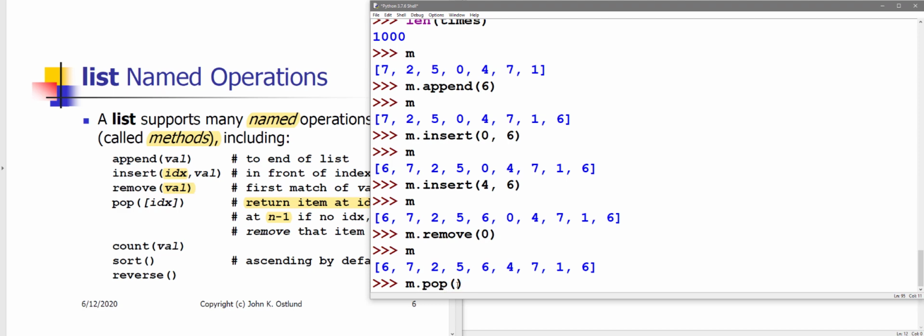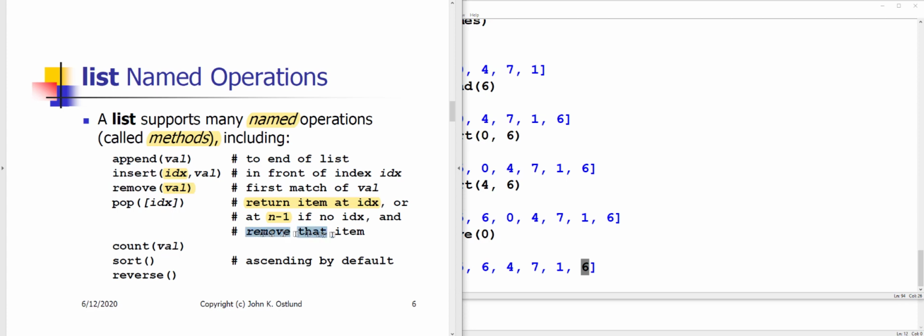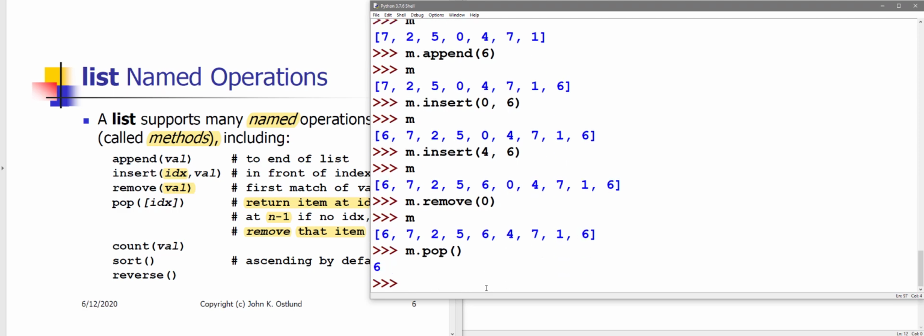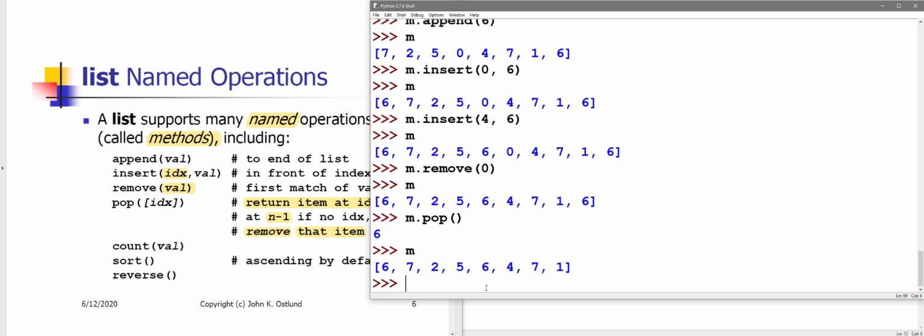That means that the item returned is going to be the item at length minus 1, which is always the index of the last item in the list. And that item will not only be returned by this pop method, but it will also be removed from the list. So when I say m.pop, that will return this 6, but also remove that 6 from the list, so that if I look at the list now, I see that the 6 is no longer there.